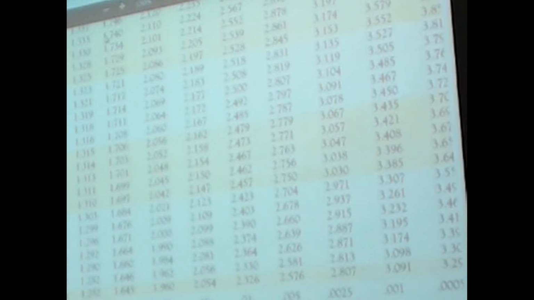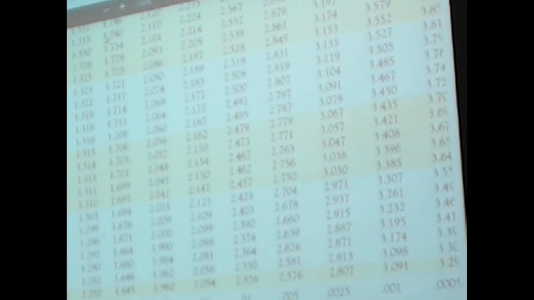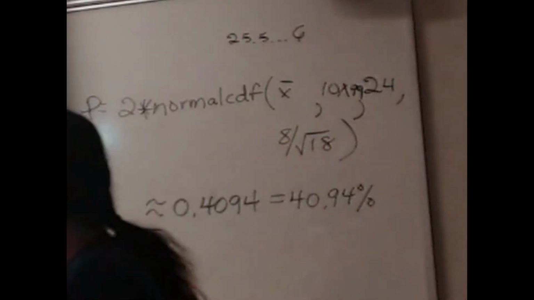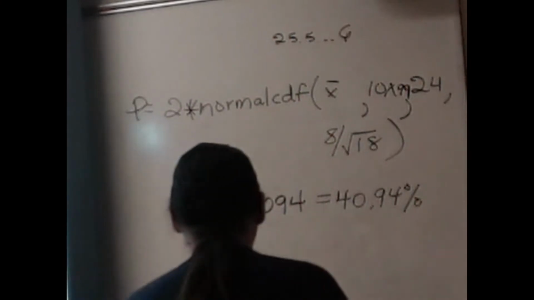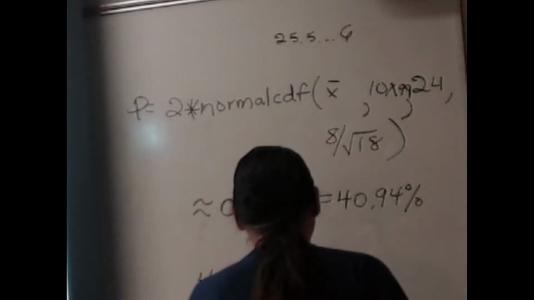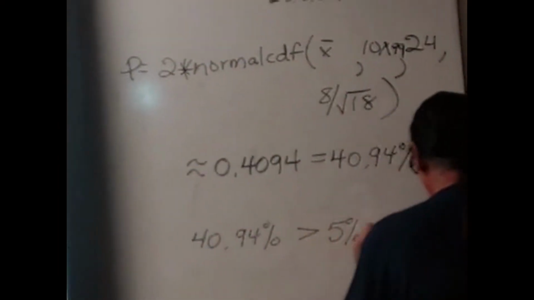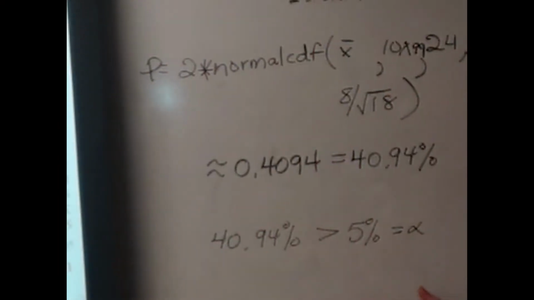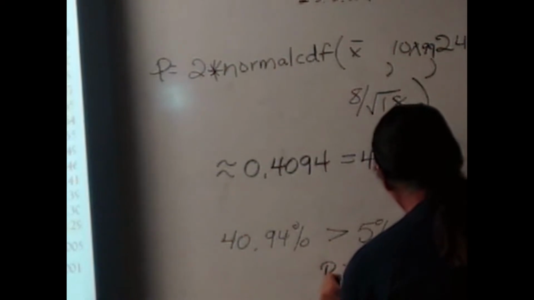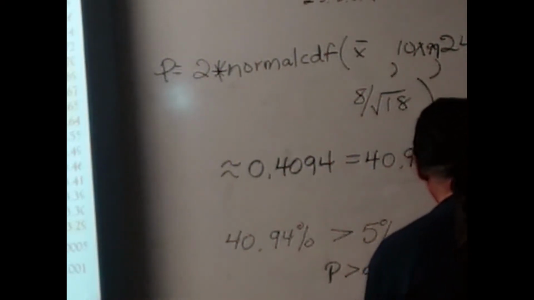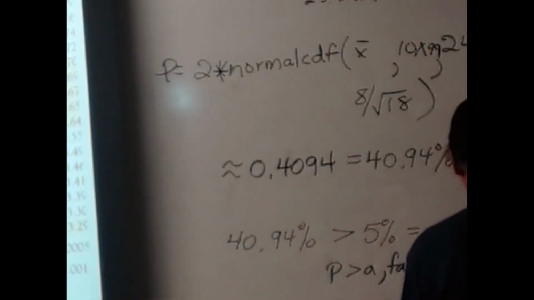It's just more exact than what we can get from table C. The fact is, though, that is bigger than alpha. So just like I said on Friday, whenever p is greater than alpha, you fail to reject the null hypothesis.